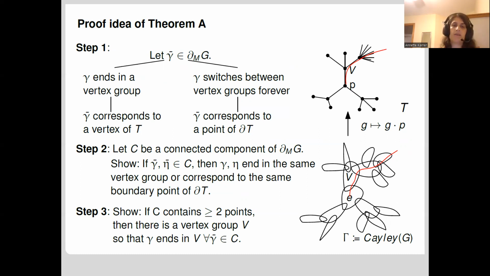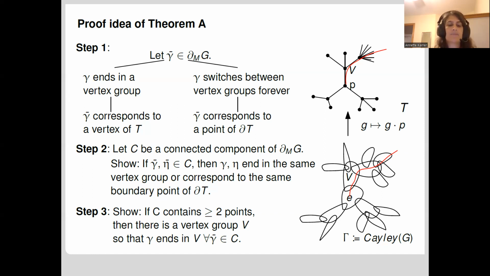And now what is happening is that we assume that C is a connected component of the Morse boundary of G. In the second step, we show that if we have two equivalence classes in this connected component, then they correspond to the same vertex group or the same boundary point of the tree. So corresponding representatives will end in the same vertex group or in the same boundary point of the tree.